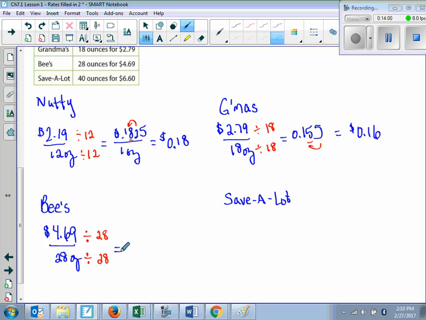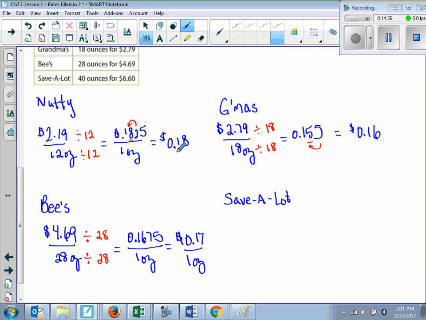So when we do that, $4.69 divided by 28 gives us how much? 0.1675 over 1 ounce. So, because this is money, how much money is that? 17 cents. Very good. 17 cents per ounce.